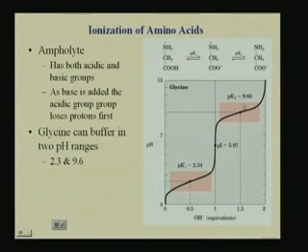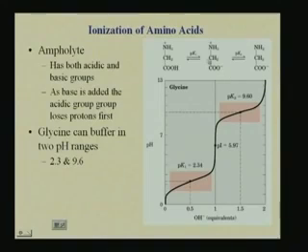Is that clear? So, if I keep on adding OH minus, I will just be increasing the pH because I now have just OH minus in solution and this. So, this would be the titration of glycine. You would have two inflection points, the first corresponding to the carboxylic acid proton, the second to the amine proton, right?